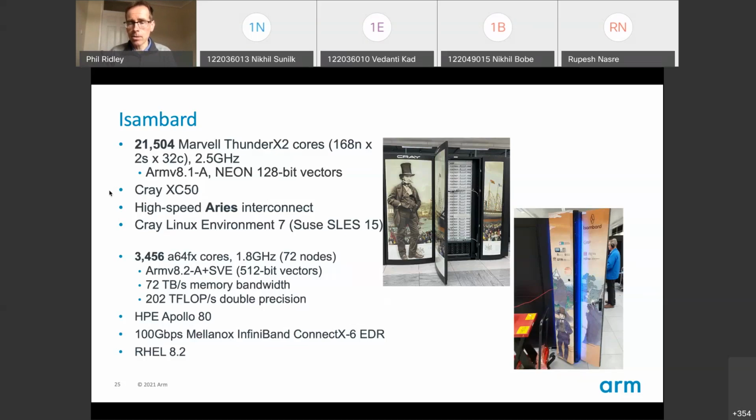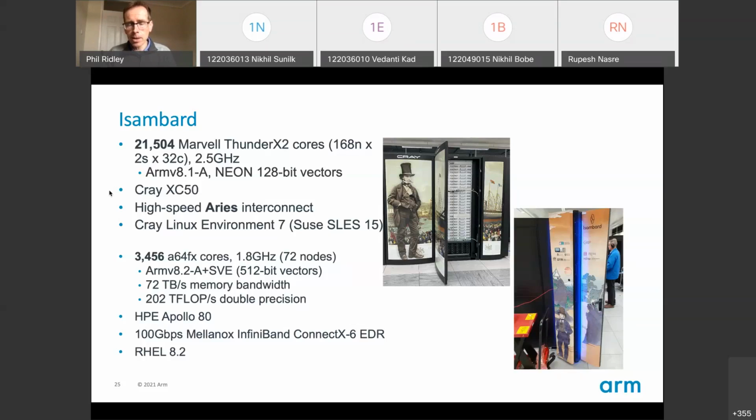So it's not a Mellanox InfiniBand interconnect, but Cray's own Aries interconnect design. And it's also running Cray's own variant of SUSE, which is Cray Linux Environment, as an OS. It has the Cray software stack. It's just like a Cray system, it's got all the Cray profiling tools with it.